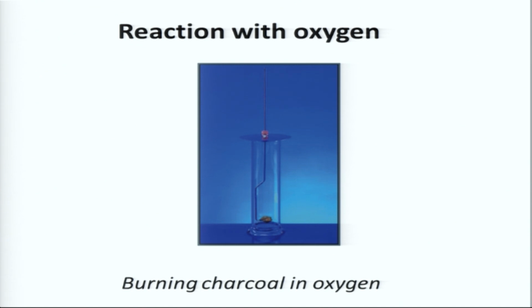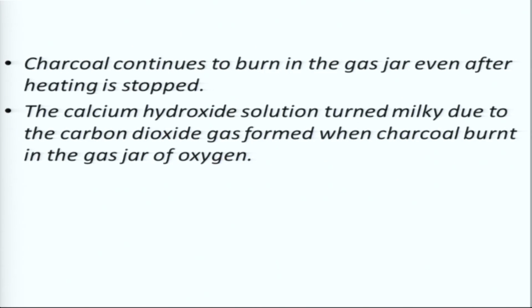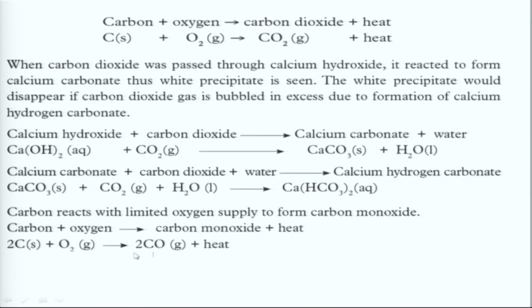When it is limited oxygen, we have said we form carbon monoxide. All right? Limited oxygen, we form carbon monoxide. But when it is excess oxygen, we form carbon dioxide.